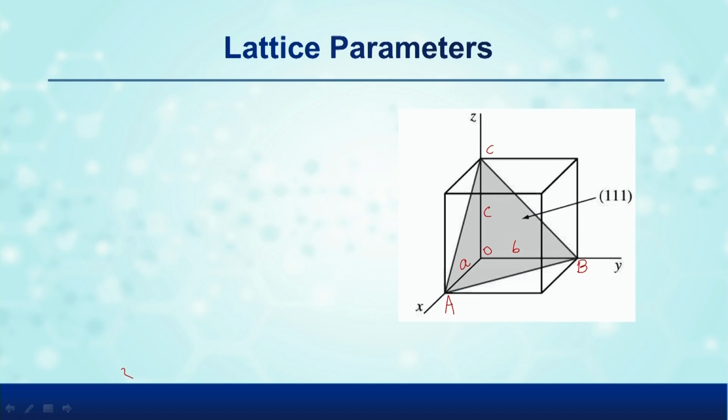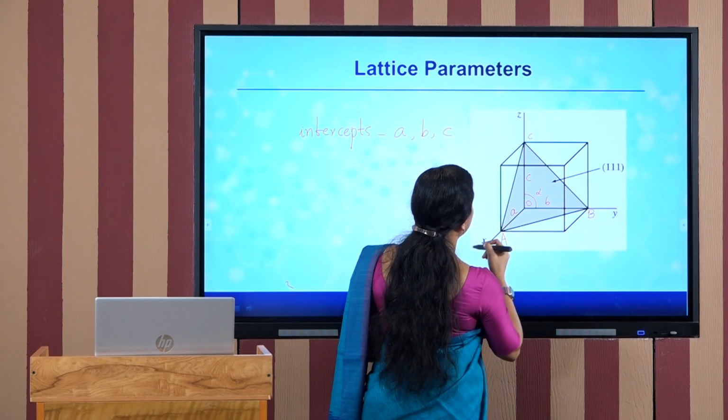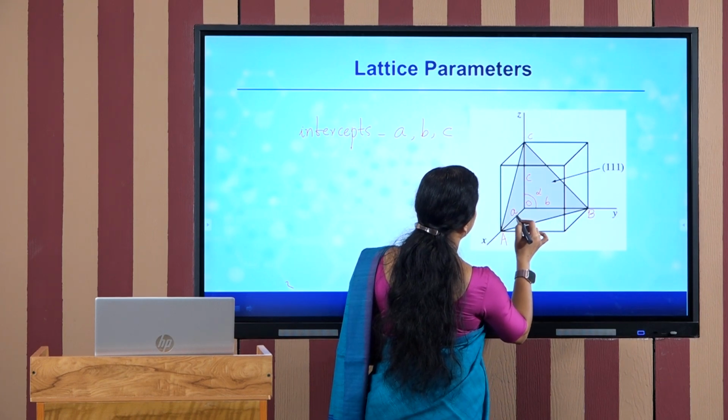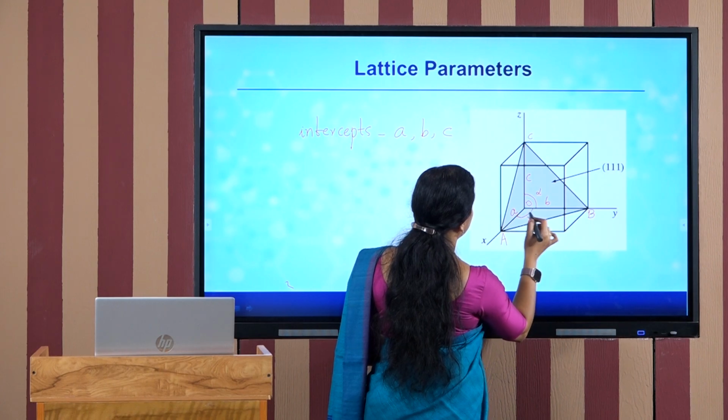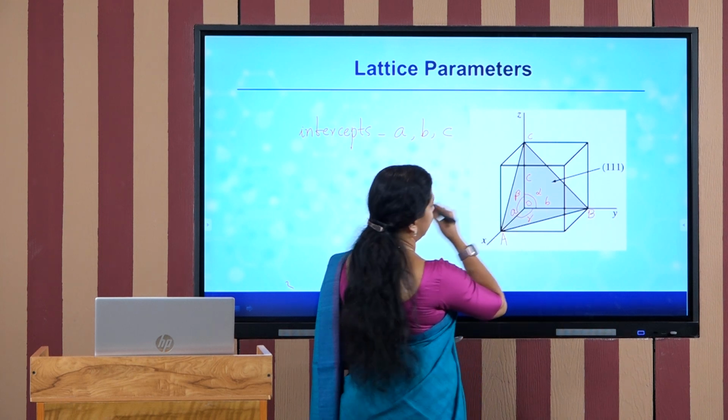So, we have the intercepts A, B and C. Now, the angle between y and z, let it be alpha, the angle between x and y be gamma, and the angle between x and z be beta.